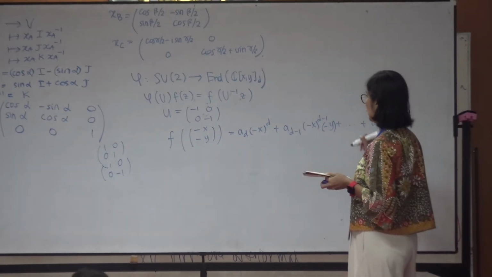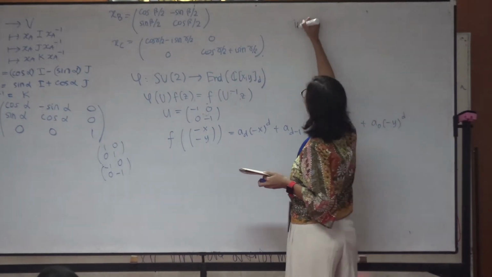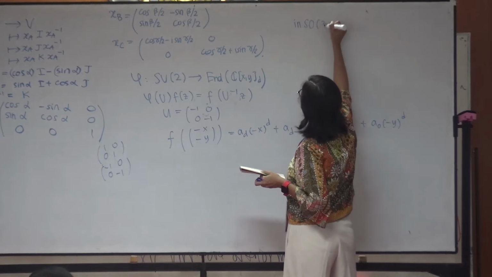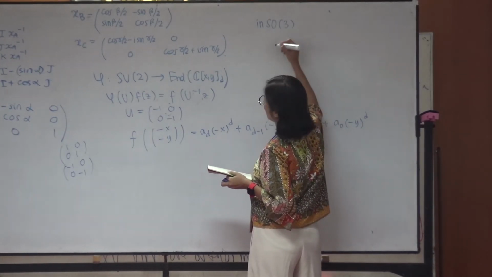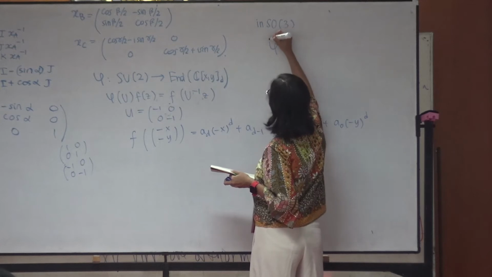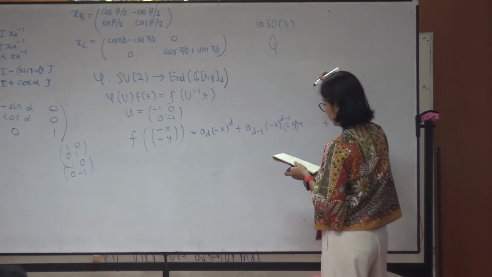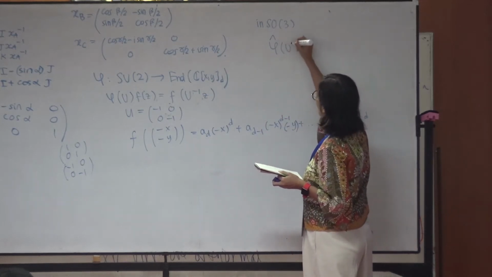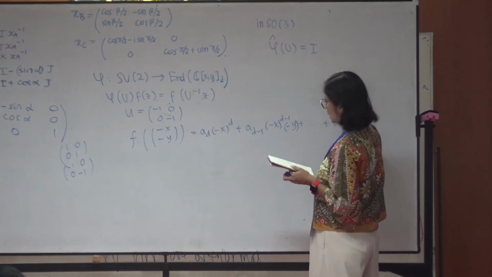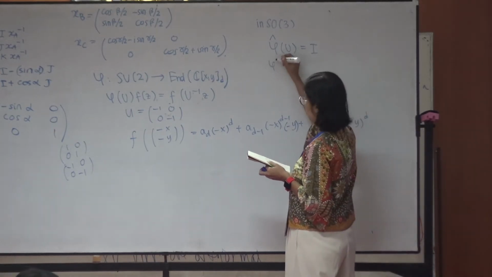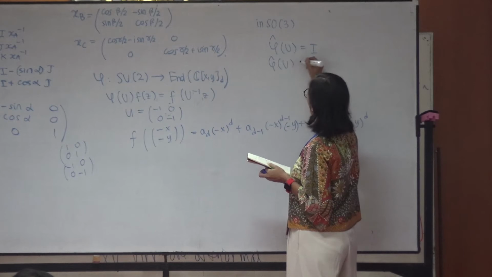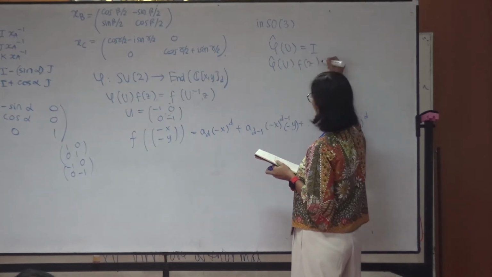But then in SO3, let me write it phi hat. Phi hat of u is identity. So this phi hat of u on fz should be fz.